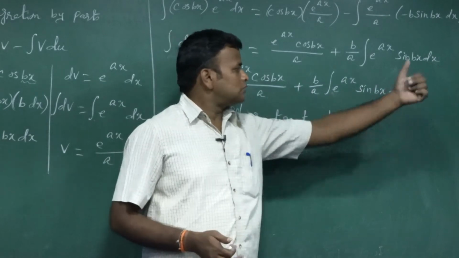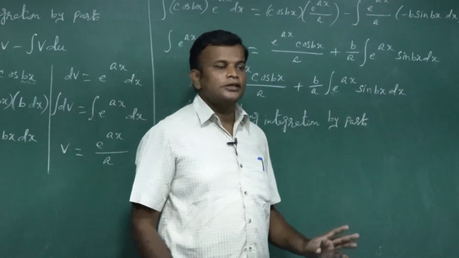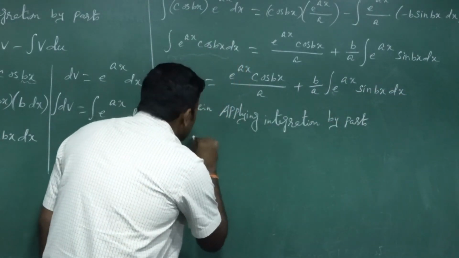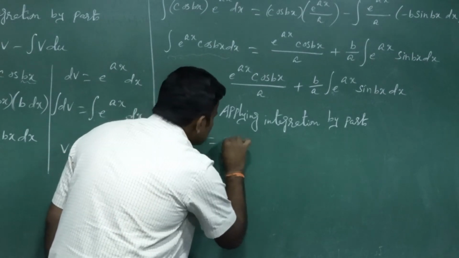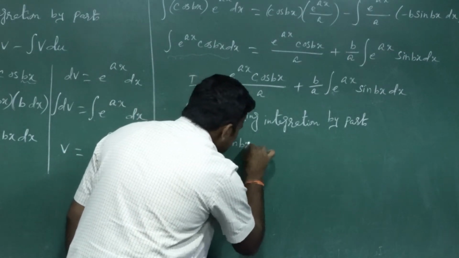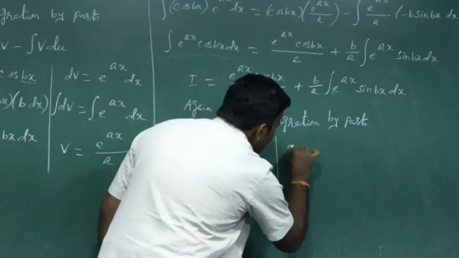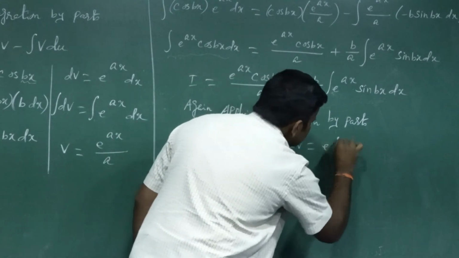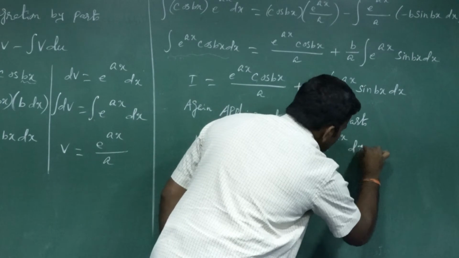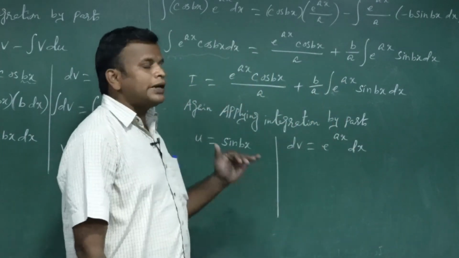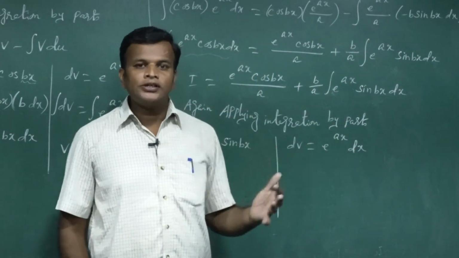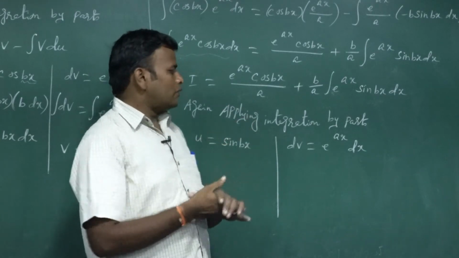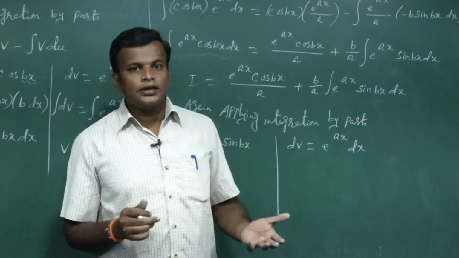The value of dv is e^(ax) dx. So u is equal to sin bx and dv is equal to e^(ax) dx. I already wrote the formula of integration by parts, so the second time I will take the terms directly.